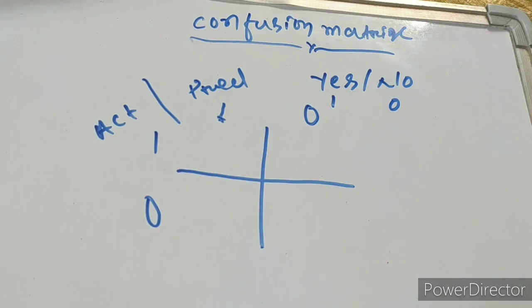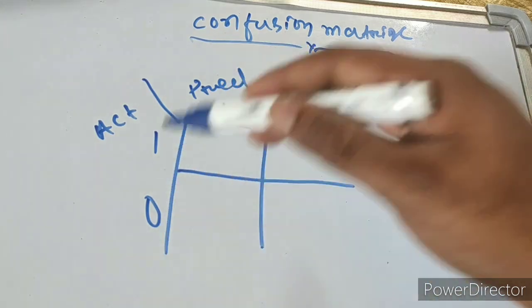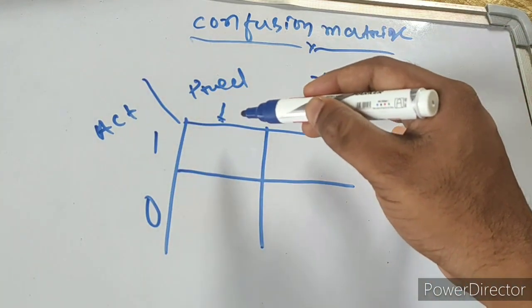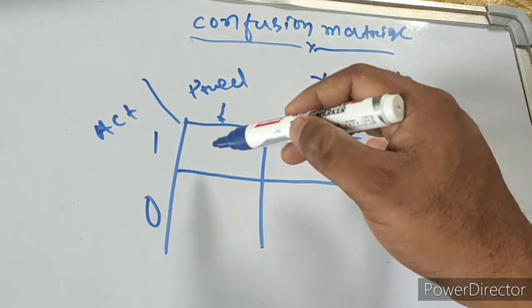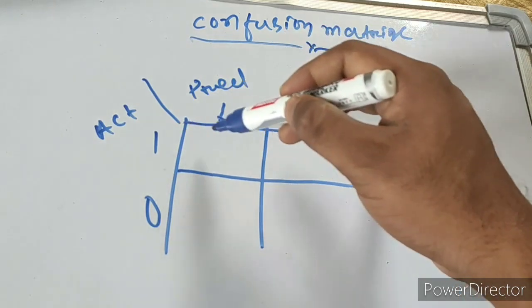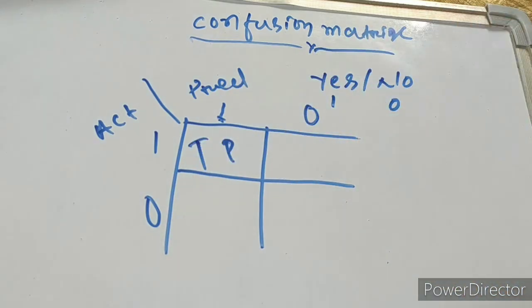So here, if we are predicting yes and actually it is yes, or we are predicting 1 and actually it is 1, it means the value is positive and it is true. So it will be considered a true positive.